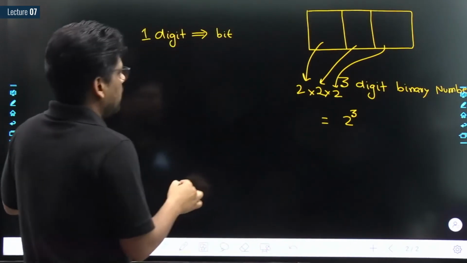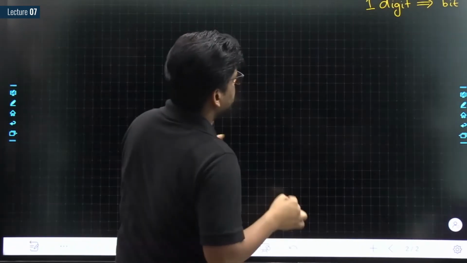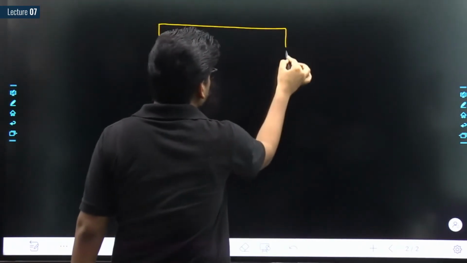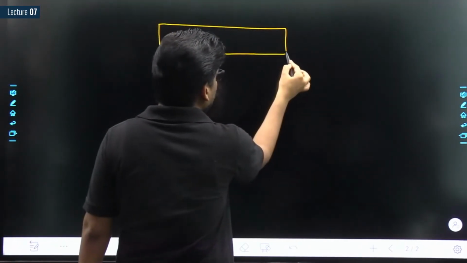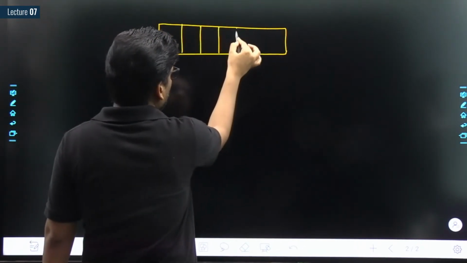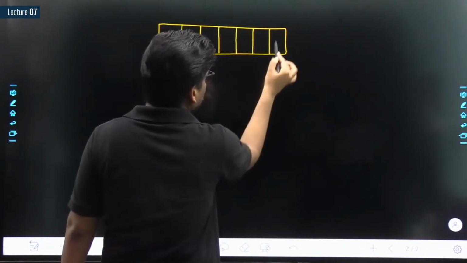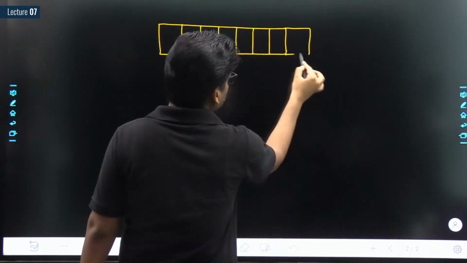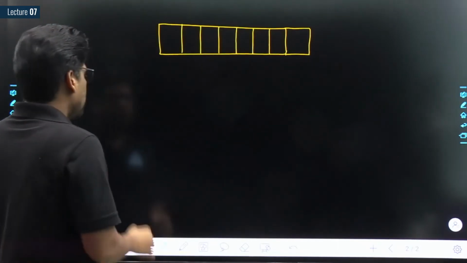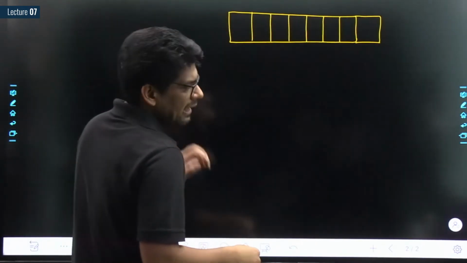Okay. So now, sir, let us suppose we have an 8-bit binary number: 1, 2, 3, 4, 5, 6, 7 and 8. That means, sir, we have an 8-digit binary number. What are the total possible values that can be formed?